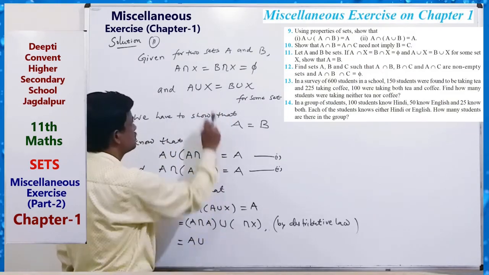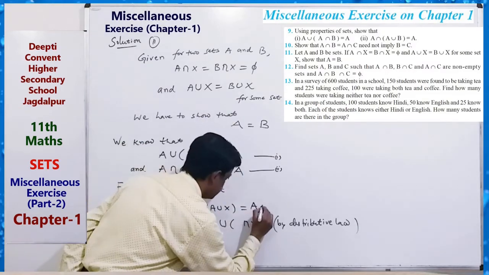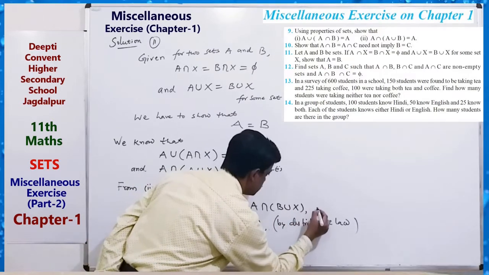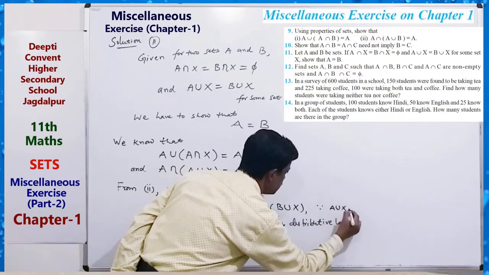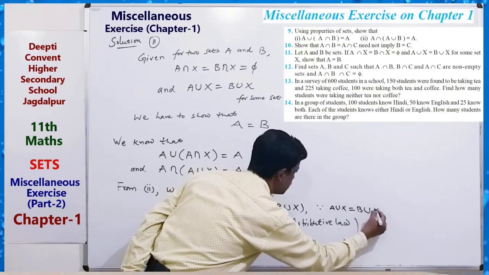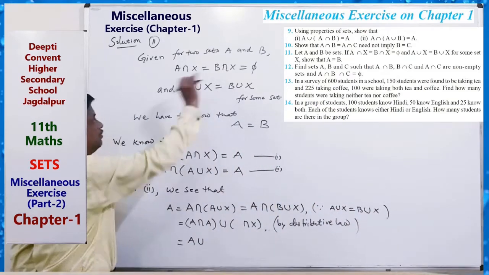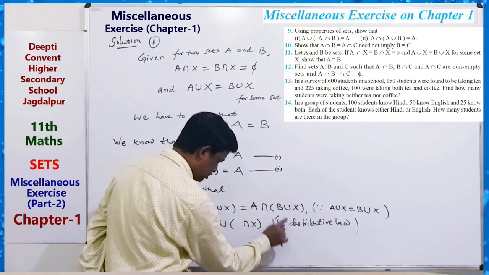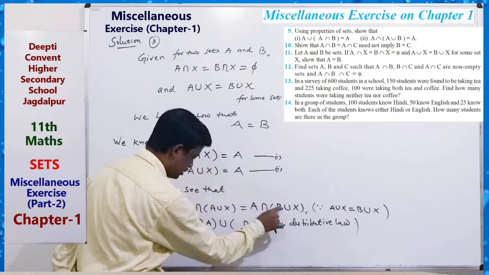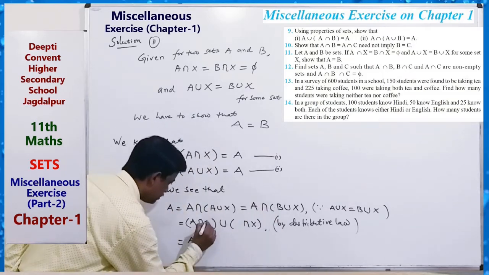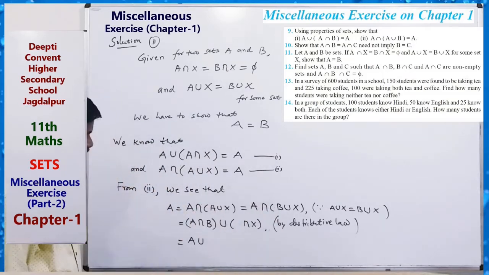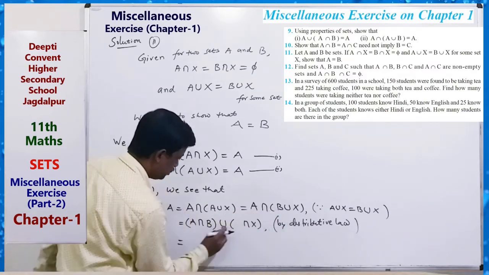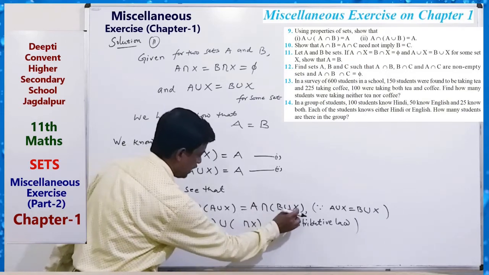So A union X equals B union X. Since A union X equals B union X, this is given, in place of A union X just write this. Now use the distributive law: (A intersection B) union (A intersection X).